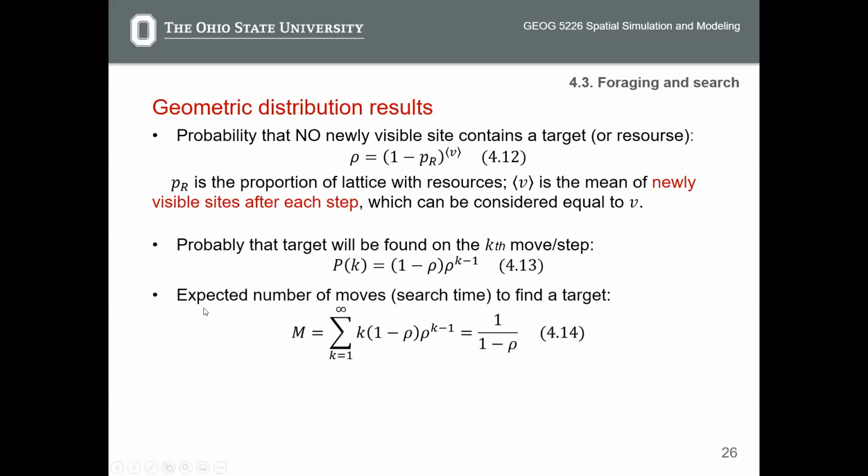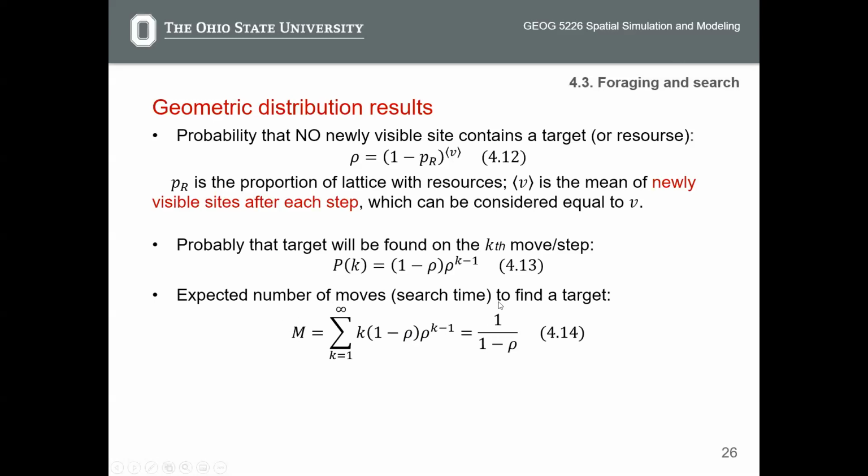Okay, let's continue. The next one is important: the expected number of moves, or search time, to find a target, to find food. The equation is here, and you can find more steps of this calculation in the literature I mentioned before. But let's just jump to the conclusion.